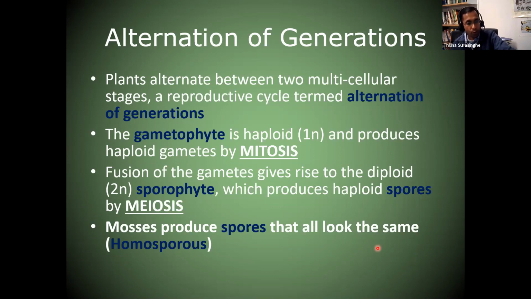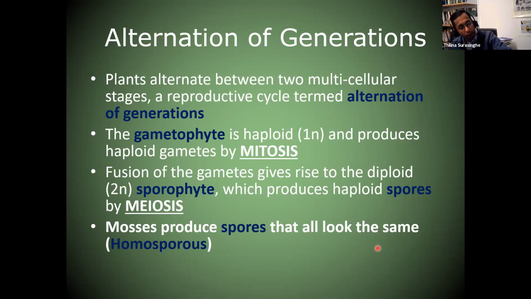And by the way, mosses produce spores that all look the same, hence we call them homosporous. Now, the homosporous part is not important for the alternation of generations. What is alternation of generations? That is the phenomenon where in all land plants, you observe two different life history stages that are critical for reproduction, right?